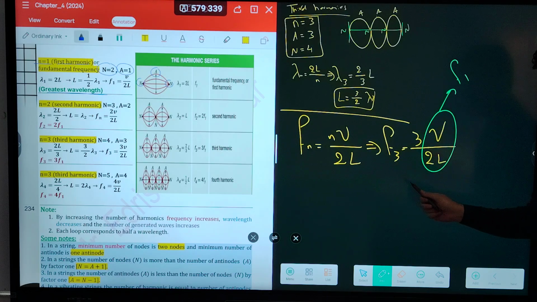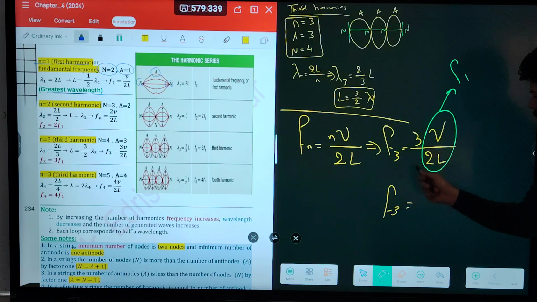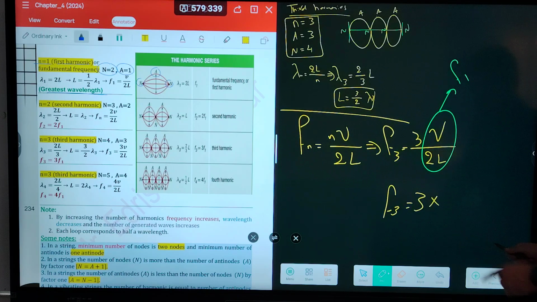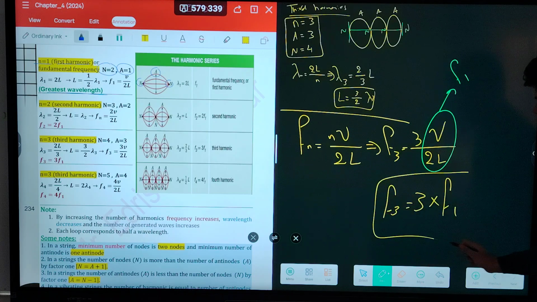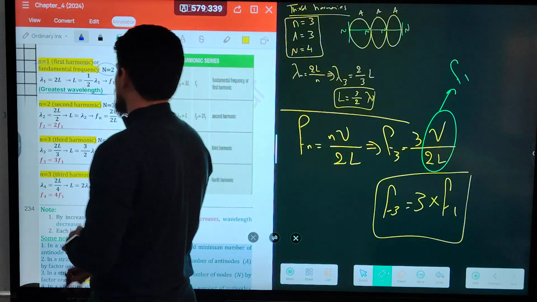Yes. What remains? F3. Bring down this F3 and bring down this 3. And instead of V over 2L, is it possible to write F1? Yes. F3 is equal to 3F1. Yes, of course. Okay? This is the frequency of the third harmonic in a vibrating string, in a standing wave.